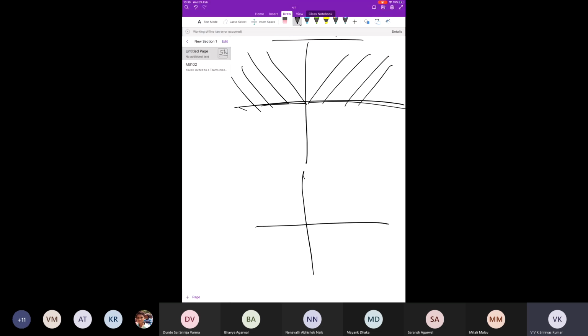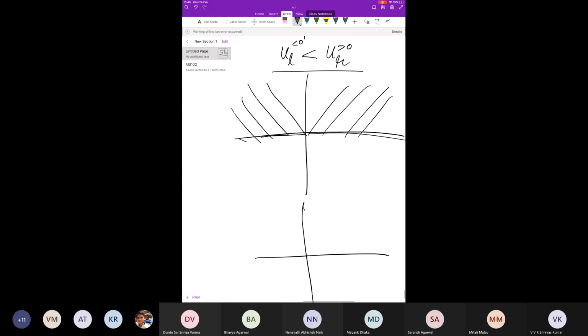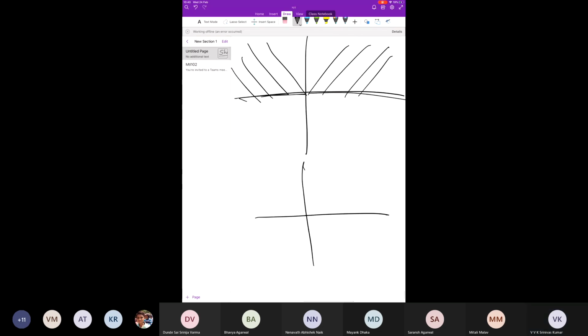So some slope difference will be there. This is lesser slope. So these will be lines like these, and from here it will be something like this. So still there is a vector.